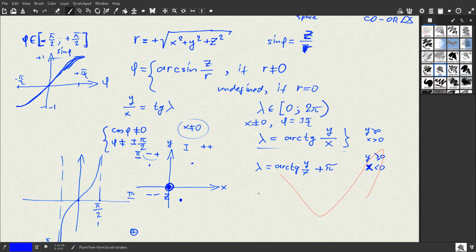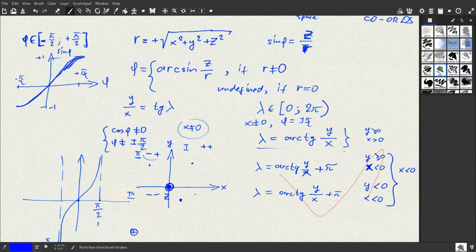Therefore, we get lambda equals, again, arctangent y divided by x plus pi, if y is negative and x is negative. By combining these two formulas together, you see, it does not depend on the sign of y. So for x being negative, we need to add pi.